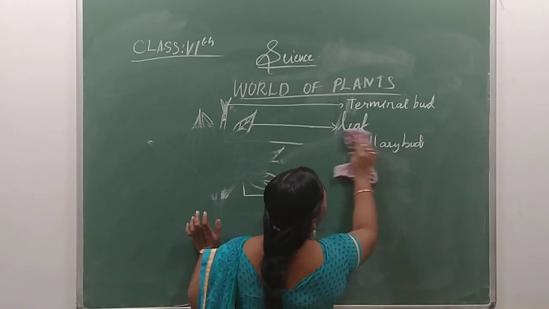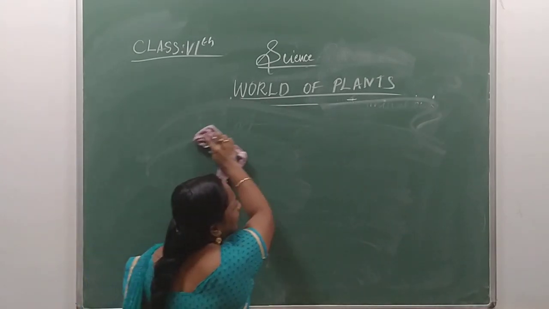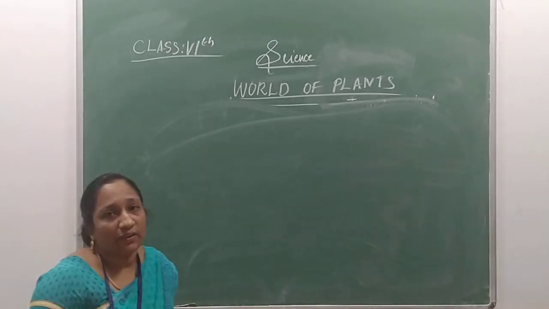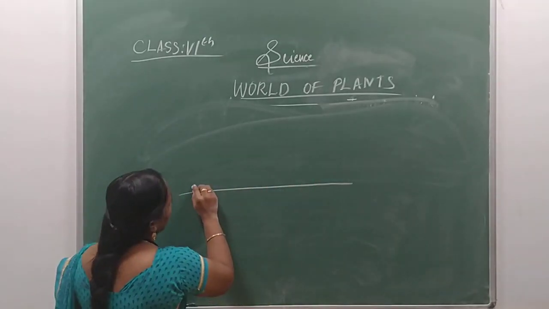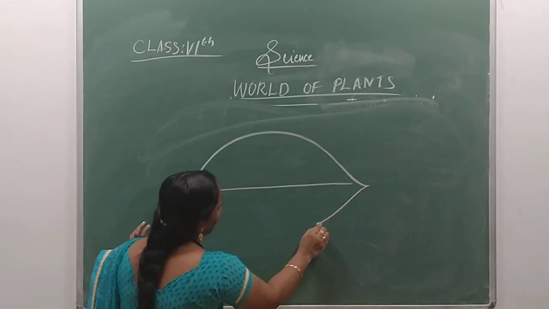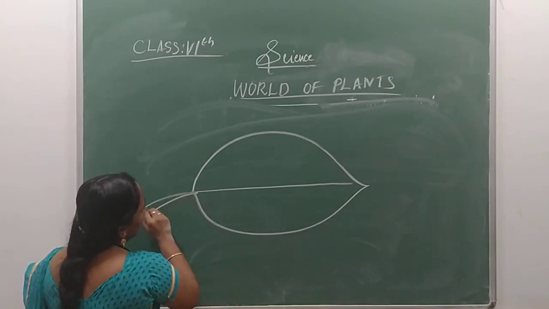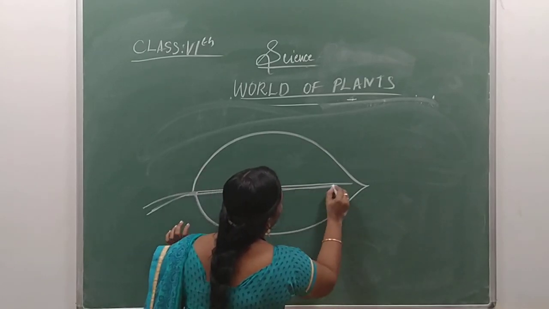How to draw a leaf? For that, the small stalk will be having a mid-rib like this.